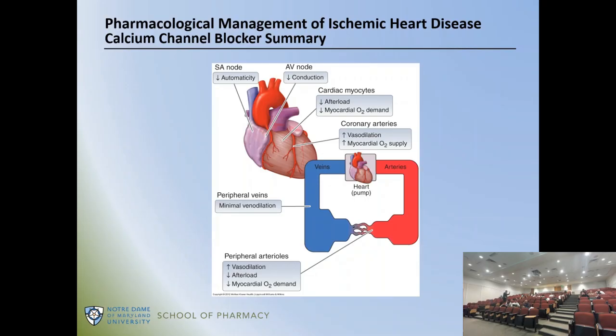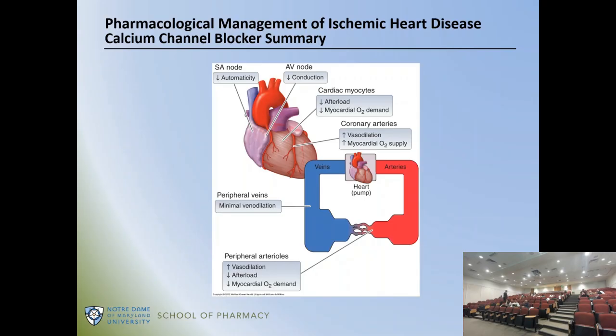Okay, maybe, look, it says minimal venodilation, maybe a little bit, but they reduce cardiac output by direct effects on cardiac tissue. So they suppress the SA and AV node, which lowers heart rate, and they directly block L-type calcium channels in cardiac muscle cells so that they can't contract as forcefully, and that reduces stroke volume. Okay? All right, and reducing cardiac output.